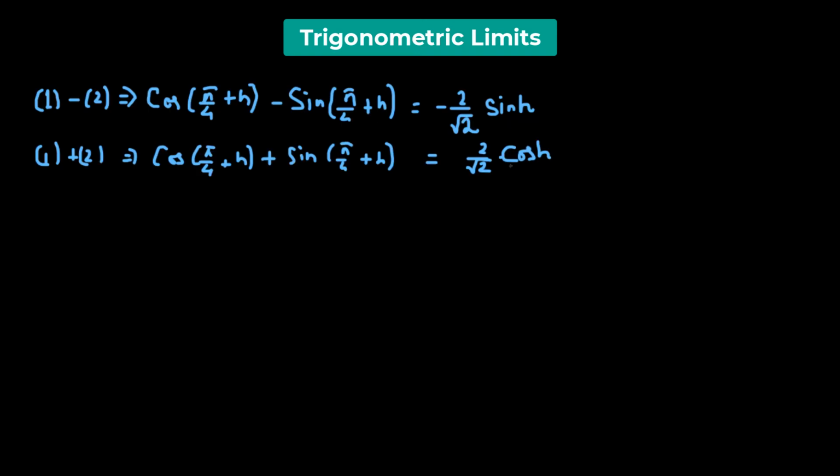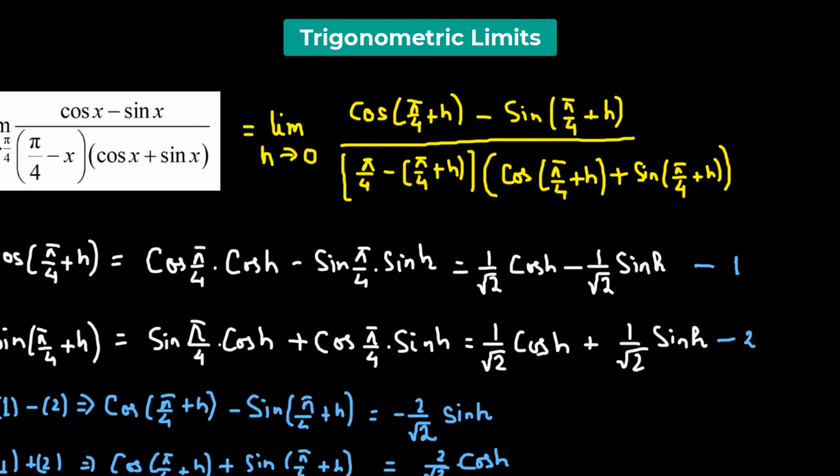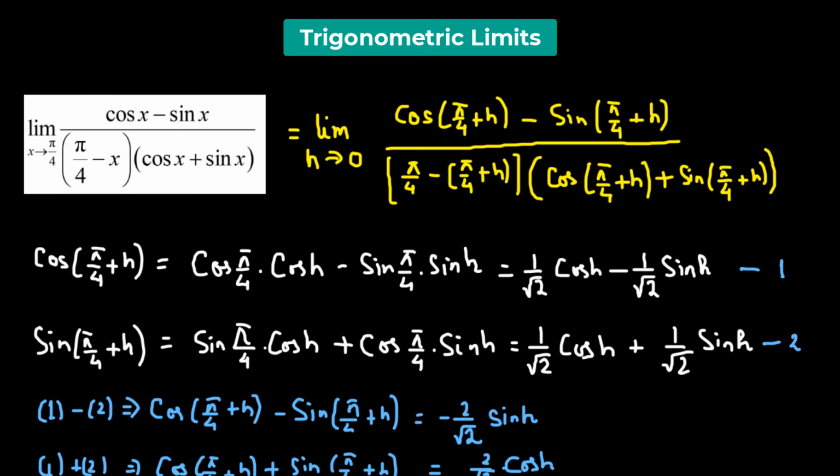So we're going to have limit h approaching 0. In the numerator we had 1 minus 2, so that will be simply negative 2 over square root of 2 times sine h, divided by pi over 4 minus pi over 4 plus h.